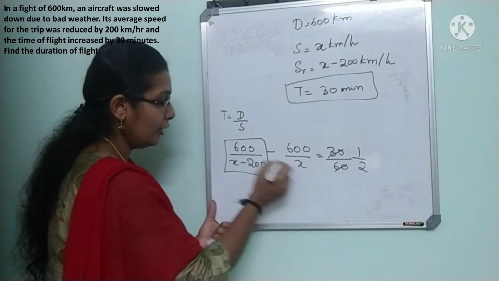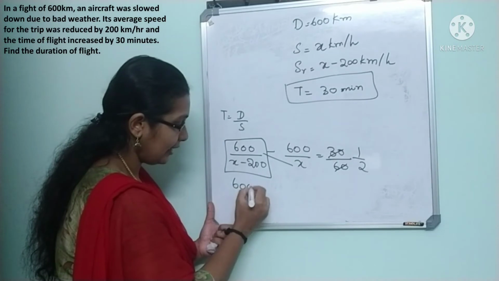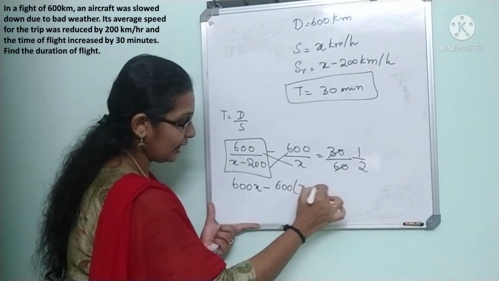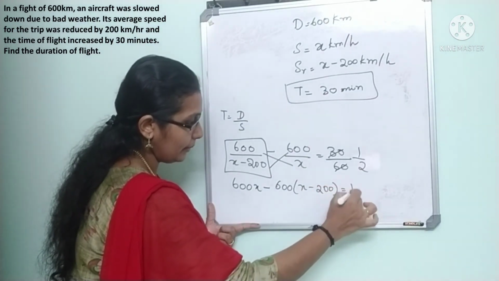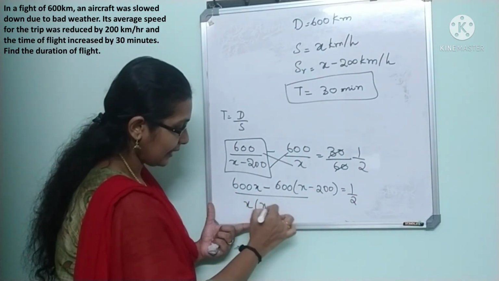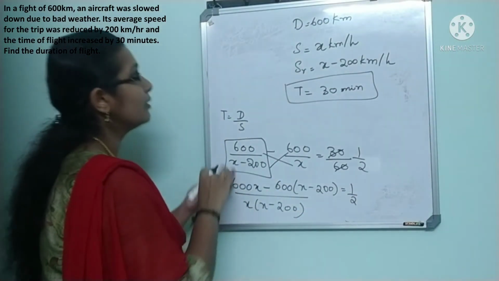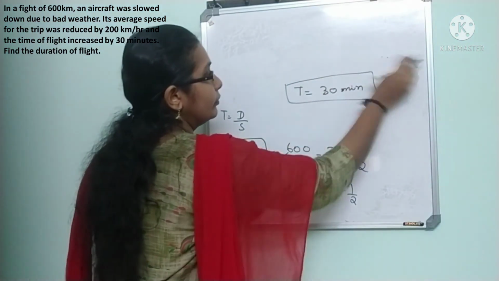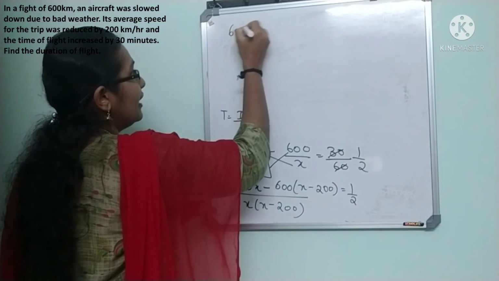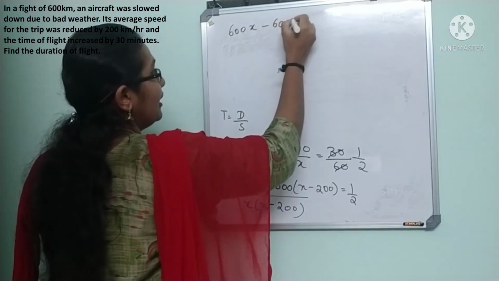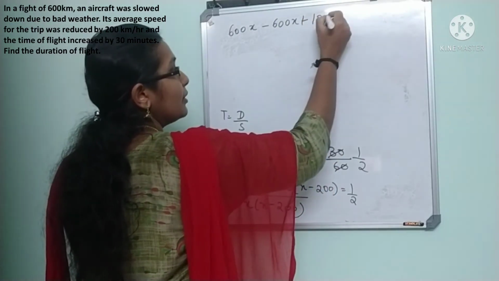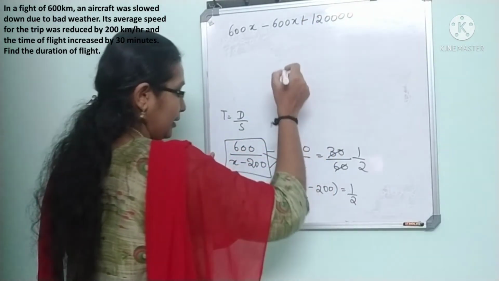Now you can proceed. When you take the LCM, you get 600x minus 600 into x minus 200 is equal to 1 by 2, divided by, here the LCM is x into x minus 200. So I'll proceed: 600x minus 600x plus 600 into 200, 6 2s are 12, 4 zeros, correct?